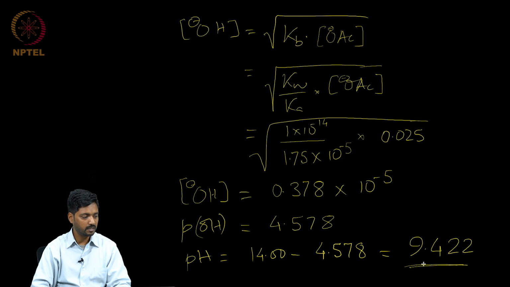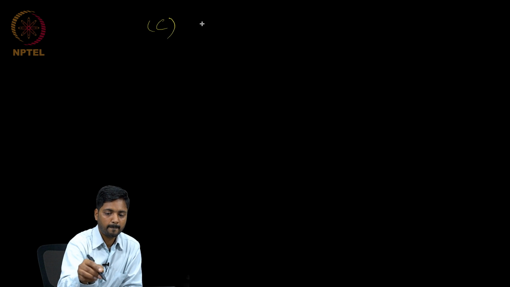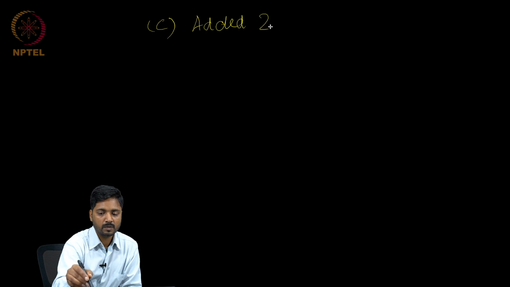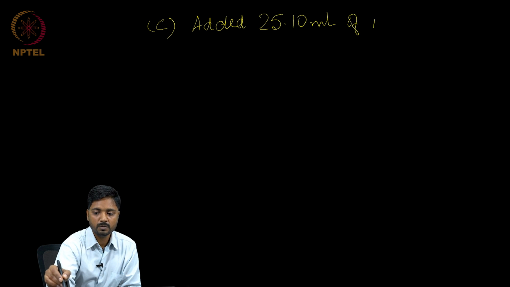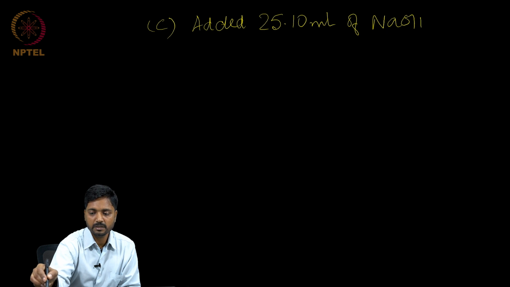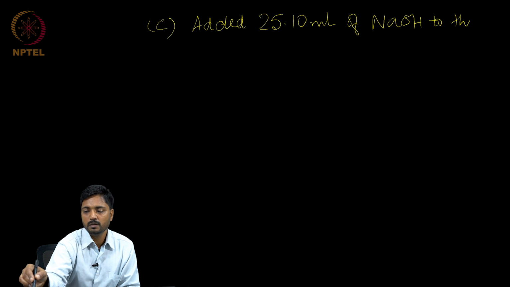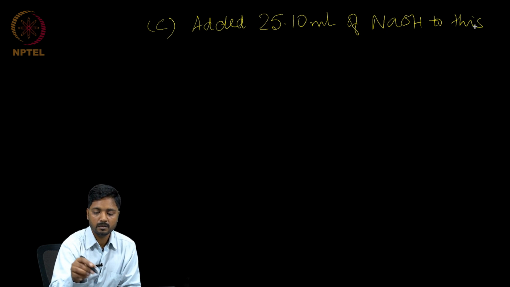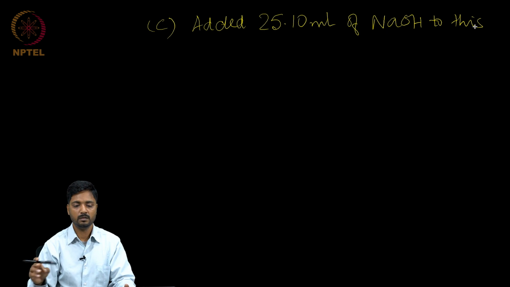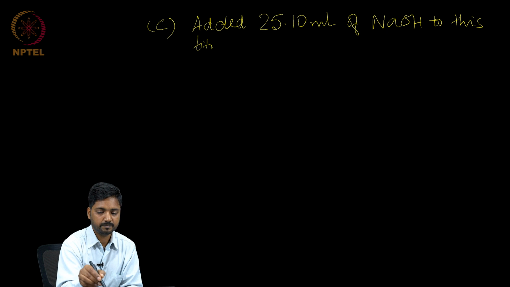Let us see what happens when we add a little further sodium hydroxide to this solution. So, let us take a condition where we have added 25.10 ml of sodium hydroxide to this titration.